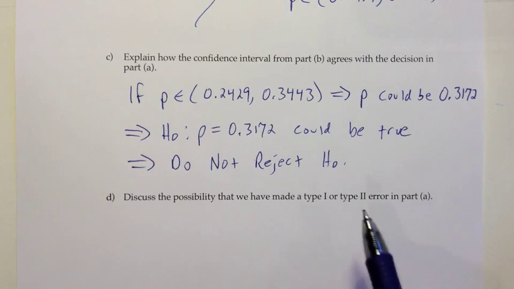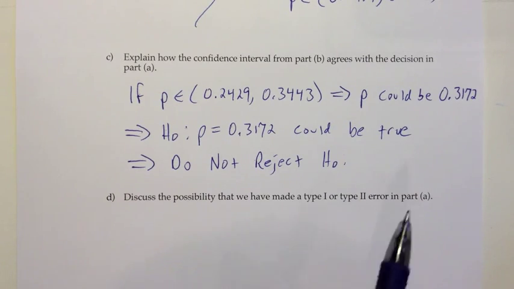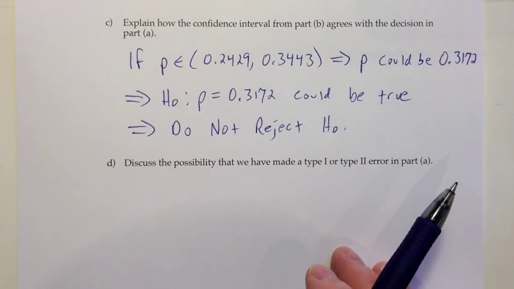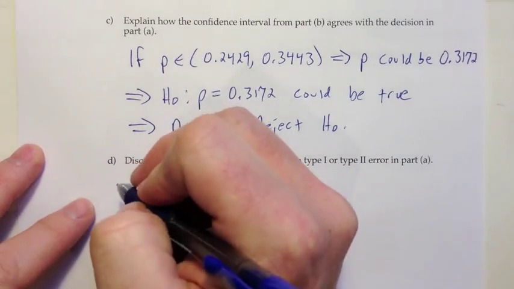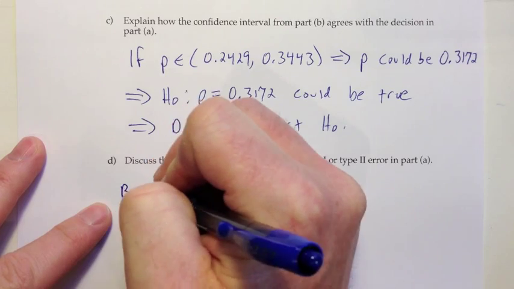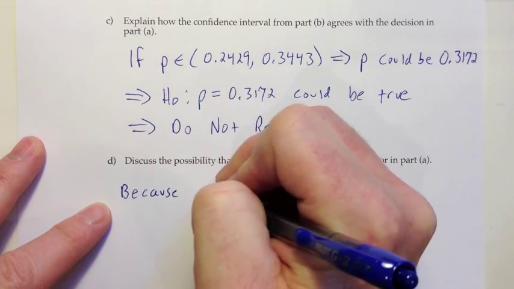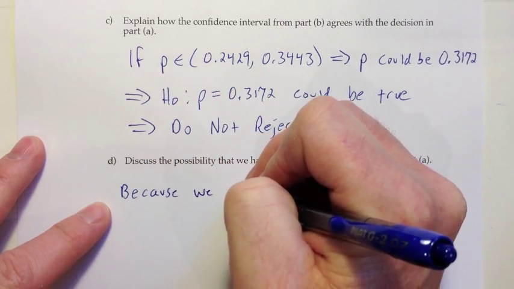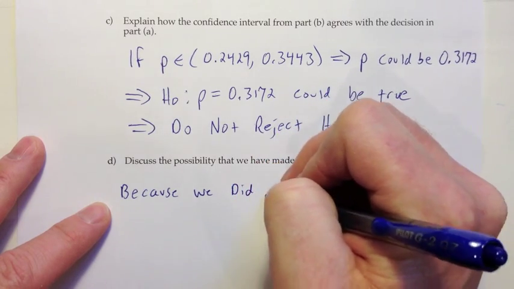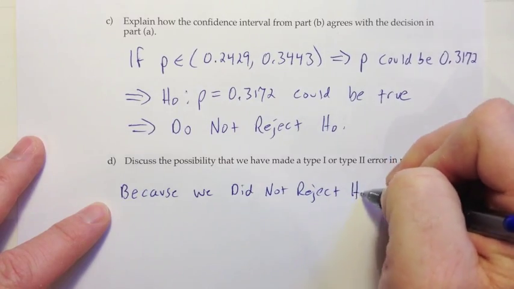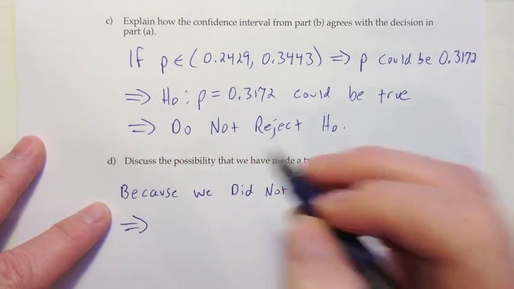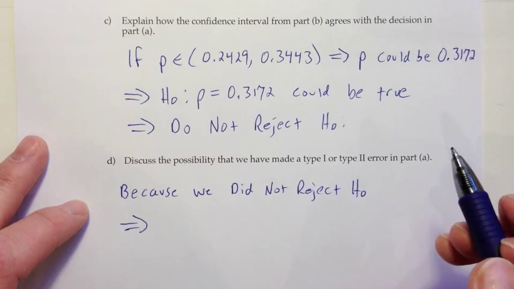And when we think about that, discuss the possibility that we've made a type 1 error or a type 2 error, the first thing I would do is look at my decision, which was do not reject H0. And I would say because we did not reject H0, that implies that we did not make a type 1 error.